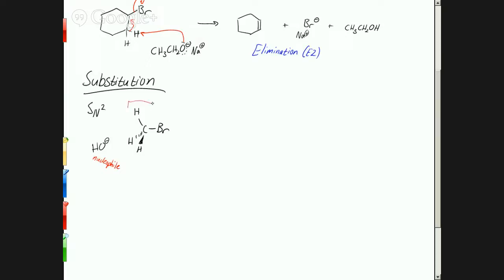This part, the carbon stuff, we're going to refer to as the substrate, so the thing that's being acted on. And then this part that gets substituted, we're going to refer to as the leaving group.